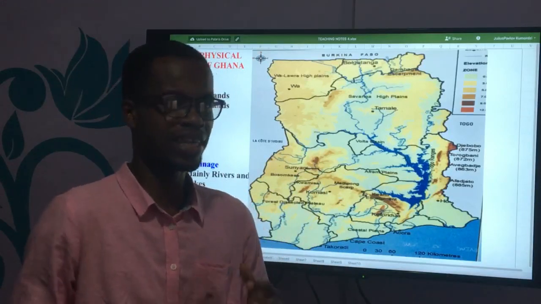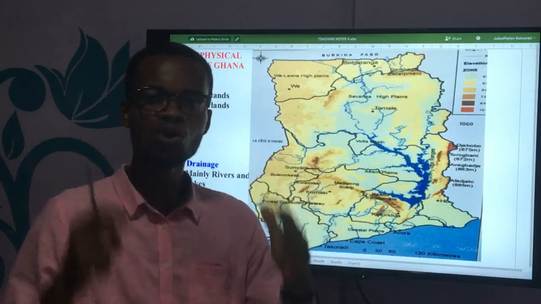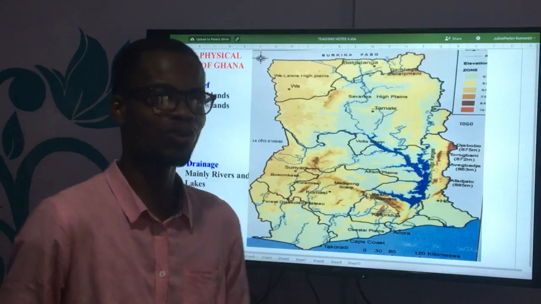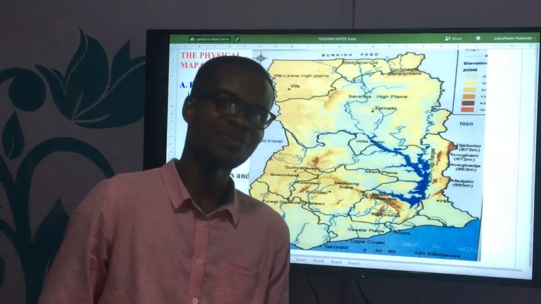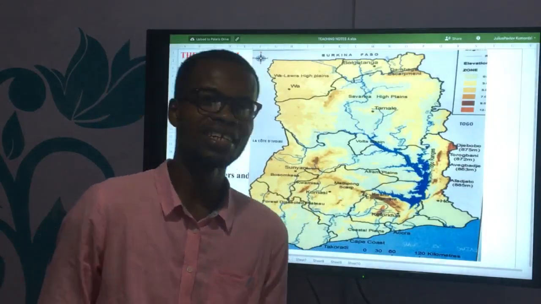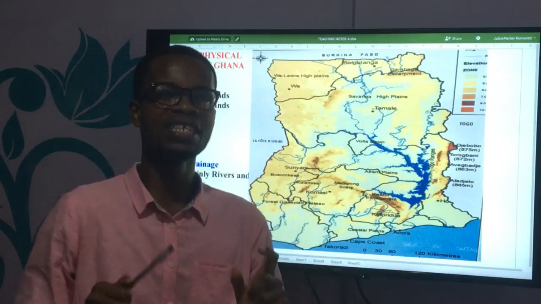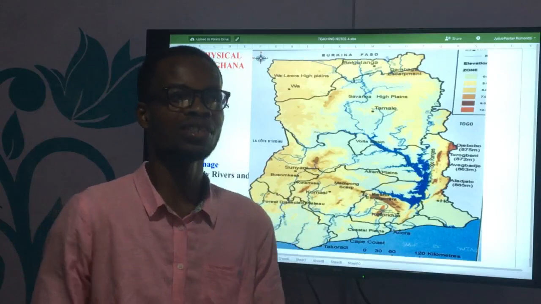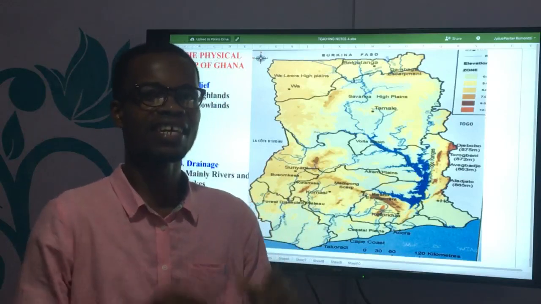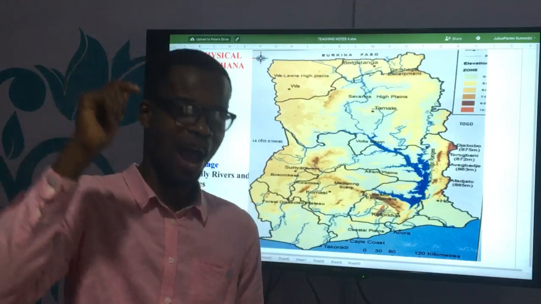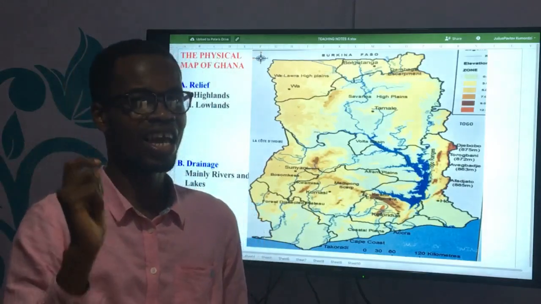And that is Mountain Torogbani. Very solid jaw-breaking names. Mountain Torogbani, capital T, O, R, O, G, B, A, N, I. The height is 872 meters above sea level.